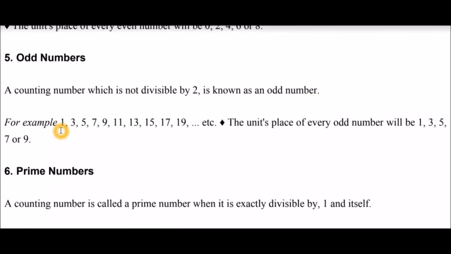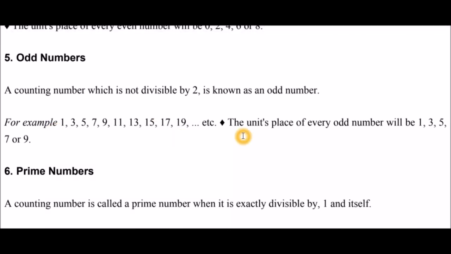For example, 1 is not divisible by 2, and neither are 3, 5, 7, 9 (9 by 2 is not possible), 11, 13, 15, 17, 19, etc. All these numbers are not divisible by 2, so all these numbers are called odd numbers.